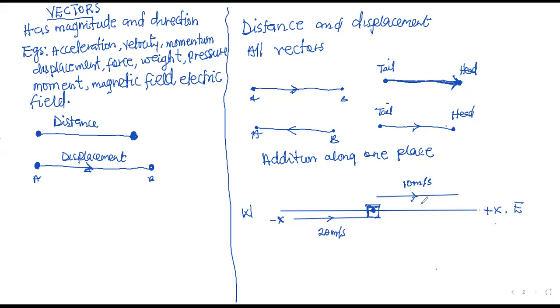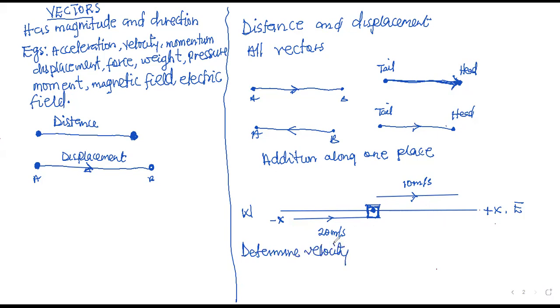One of magnitude 10 meters per second, and another body also moving, acting on the same body with a velocity of 20 meters per second. And the question is: determine the resultant velocity.